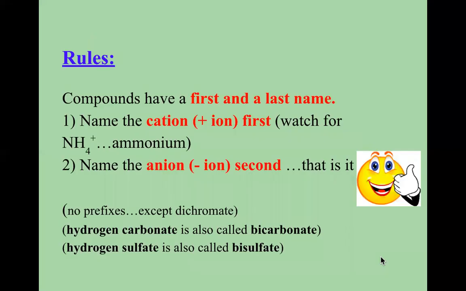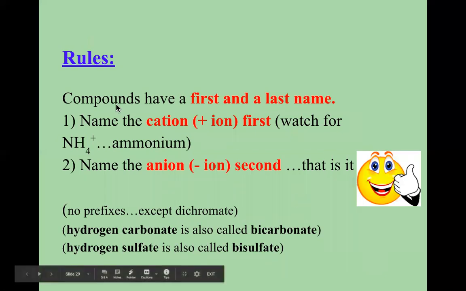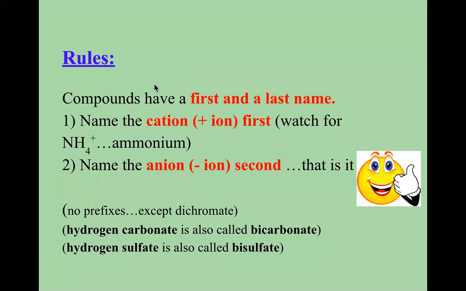Okay, now the rules are pretty straightforward. The polyatomic compounds have a first name and a last name. Like the binary compounds, the cations, the metal ions, are the first names. Watch for ammonium. Ammonium is the only exception which comes as a first name that is not a metal. Then always the anions, the negative ions, come second.